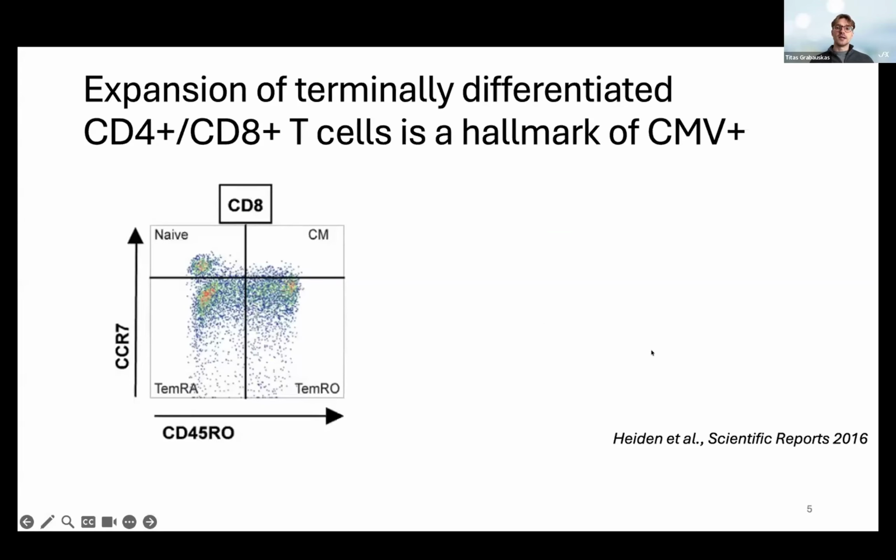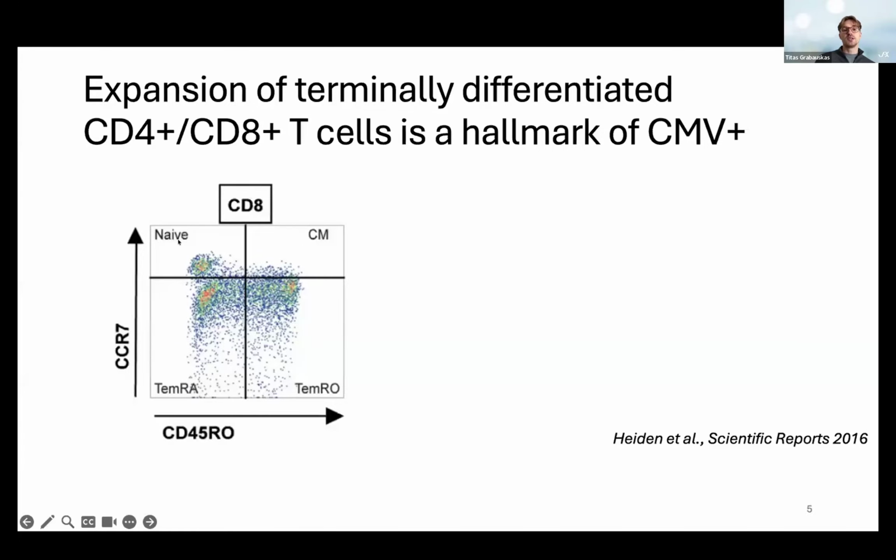But before I go into my data, I just wanted to quickly show you what others have done to understand CMV immune signatures. For example, in this paper from 2016, the authors took the CD8 T cell compartment, and using CCR7 and CD45RO, they were able to segregate the T cell lineage into 4 major subsets.